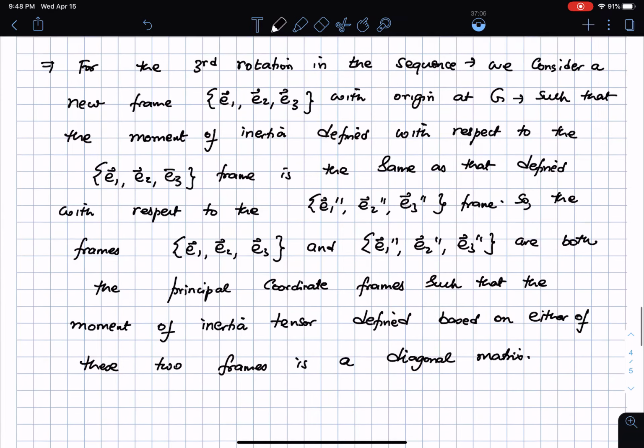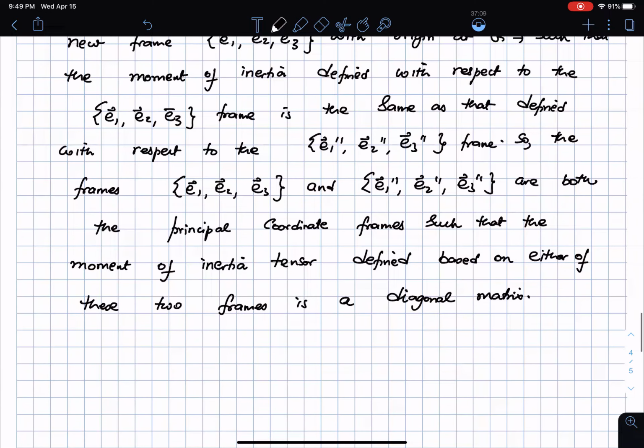All right. So then we say that to capture the spin, these two frames are separated by an angle psi.